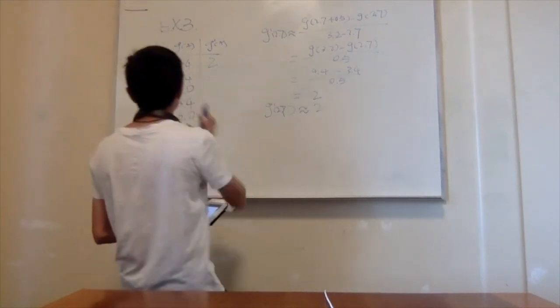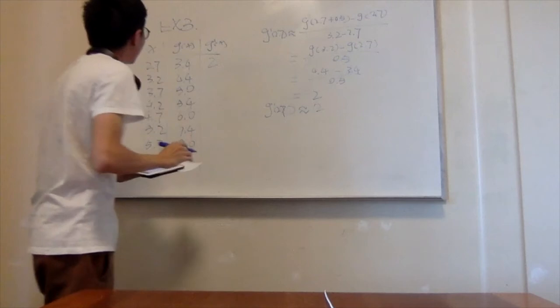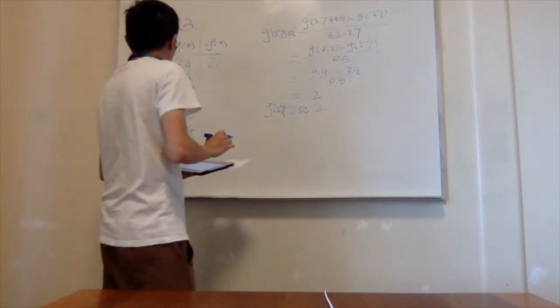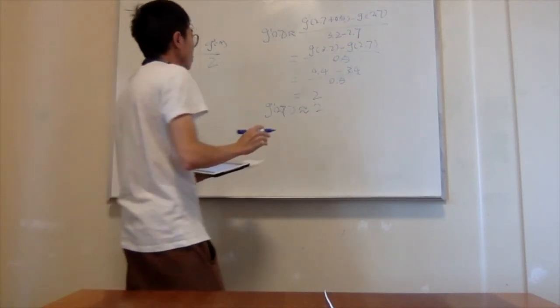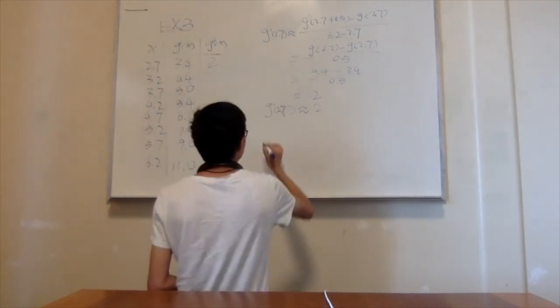And for the next problem, we use both of the equations to solve for g prime of 3.2.